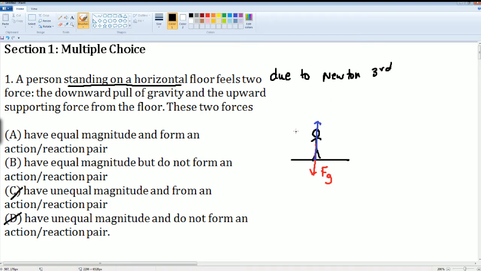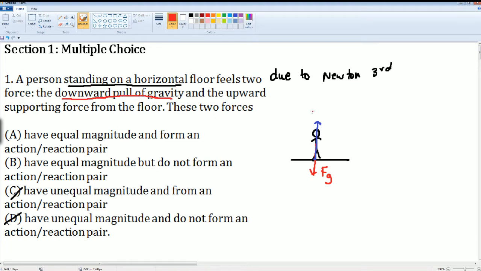So here every single force has an equal and opposite force. So here we want to look at the force of gravity. That is this part, what I labeled as red, the downward pull of gravity.